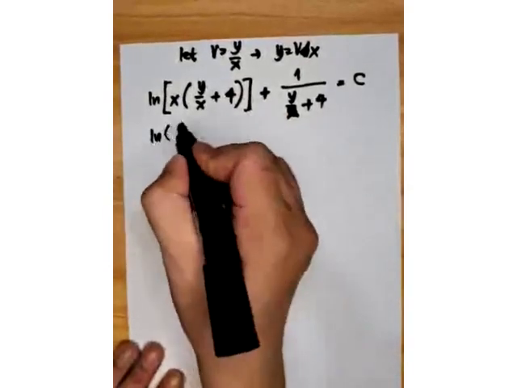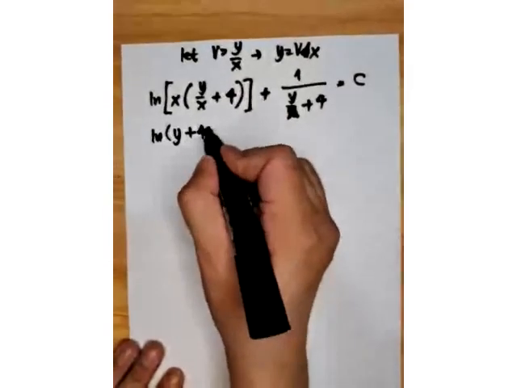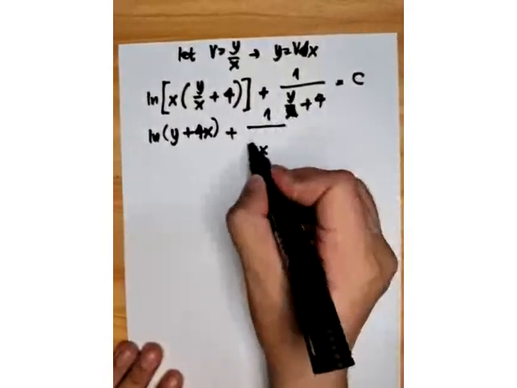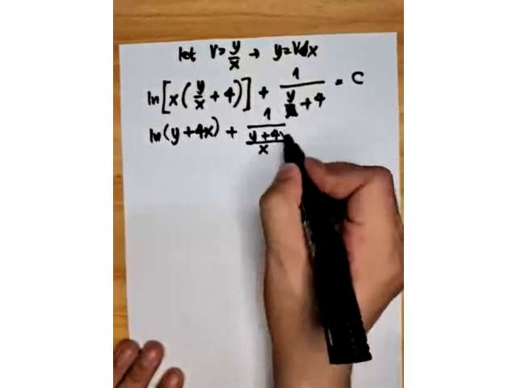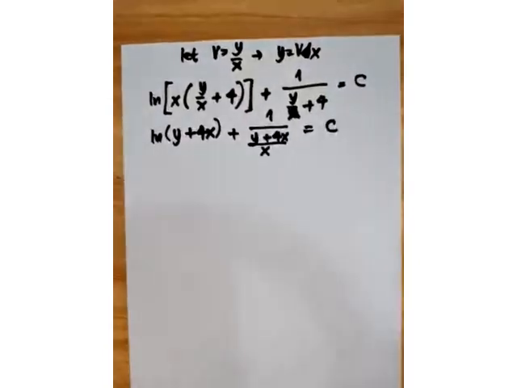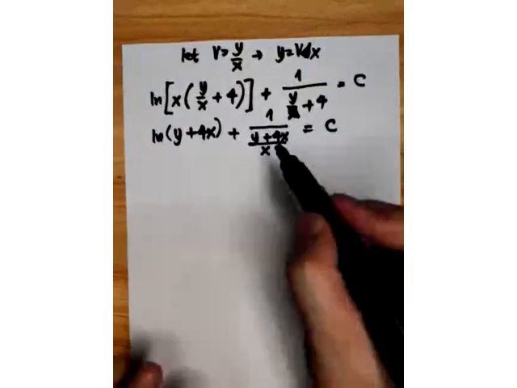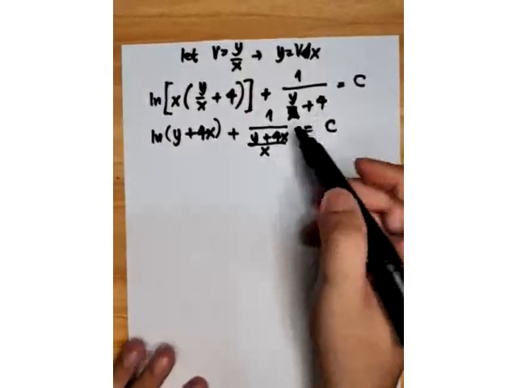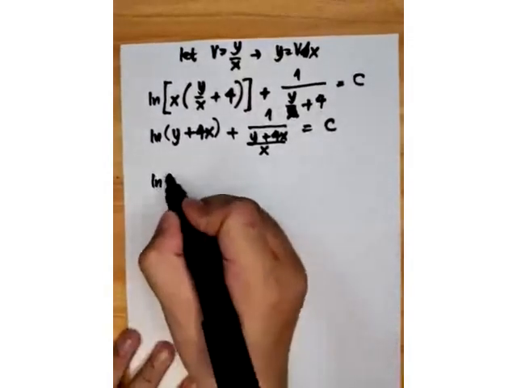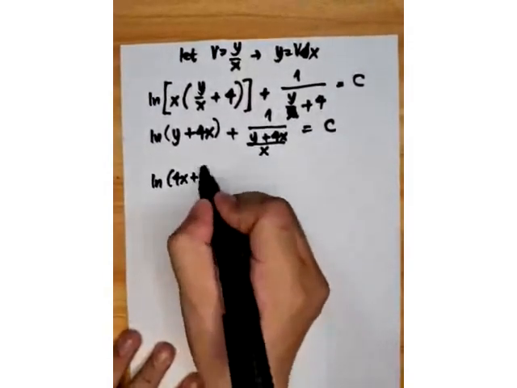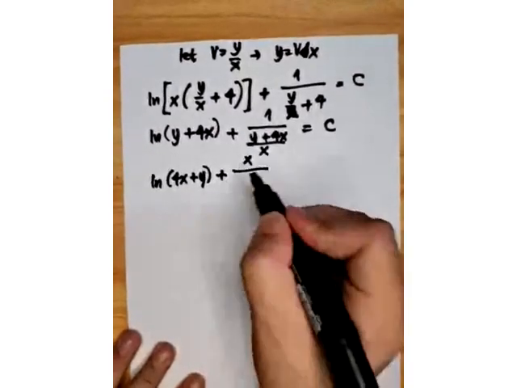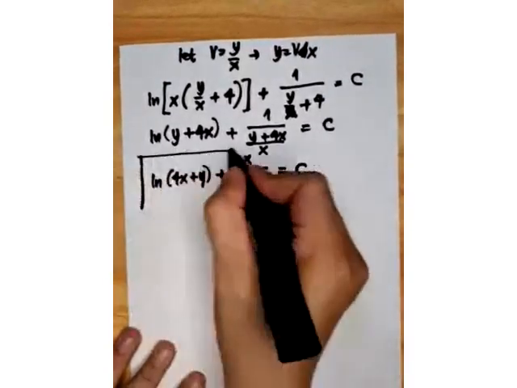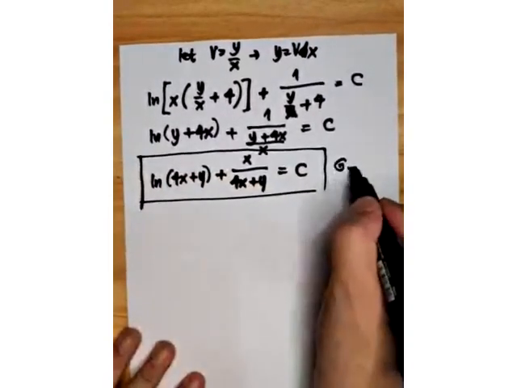So ln of y plus 4x plus, this one is, we need the LCD. So y plus 4x is equal to c. So ito divided by dito is 1 times y divided by 1, that's x times 4x. Or we'll have ln of 4x plus y plus x over 4x plus y is equal to c. Ayan. So ito yung ating general solution.